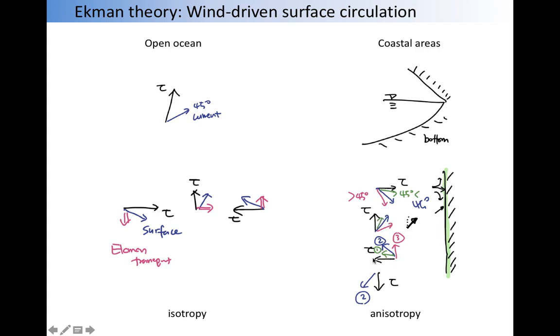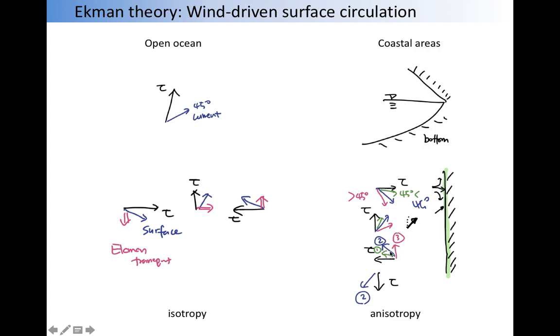How about the wind direction when you have offshore wind? If you have offshore wind, the surface current has three different cases as we see here, and there's no constraint on the flow, the water movement.